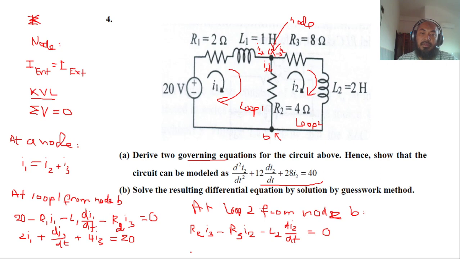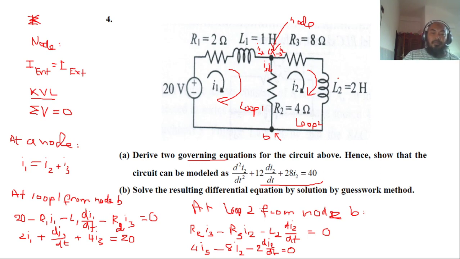So R2 is 4 ohm, multiplied by I3, minus R3 is 8 ohm, so 8 multiplied with I2, and minus L2 is 2 di2 divided by dt, equal to 0.